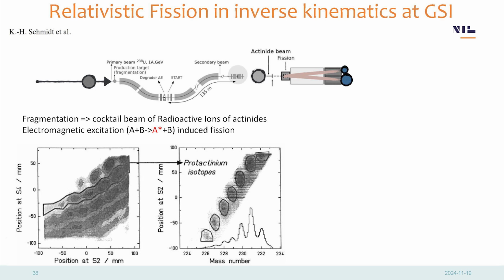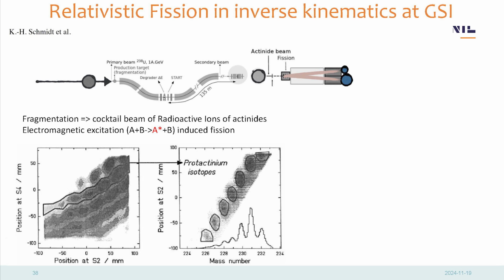You basically make here a cocktail beam of radioactive ion beam that you can use afterwards to make secondary reactions. This is what was obtained for protactinium in this case. Afterwards, these nuclei that you have produced, you send onto a heavy target, typically lead, and you make electromagnetic excitation of the ion, high enough that it fissions.